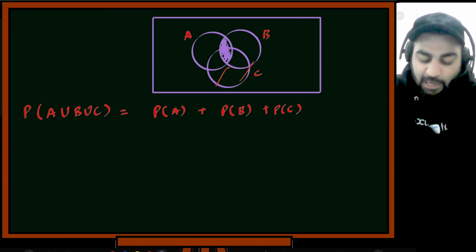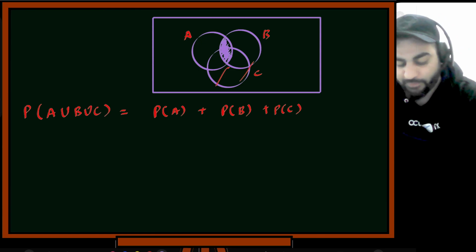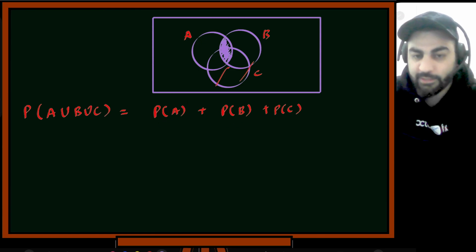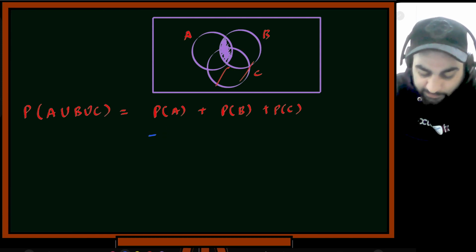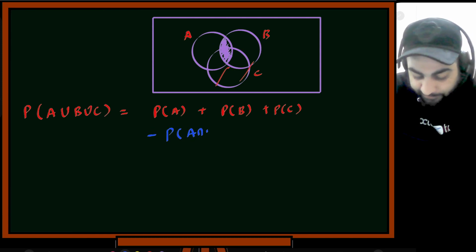How many times did we count it? It was counted in A and in B, because we took the whole A and the whole B. So we'll subtract probability of A intersection B.